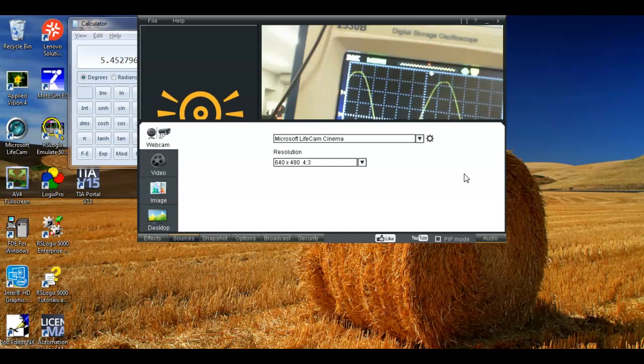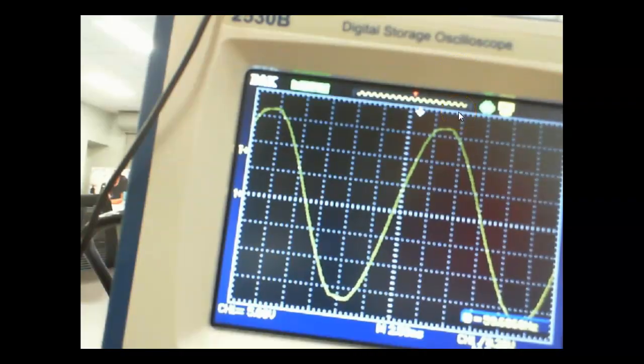So what would that be equal to? What did we come up with? 35 what? This is the peak to peak. This is the peak. So when I'm measuring this, how do we measure it?